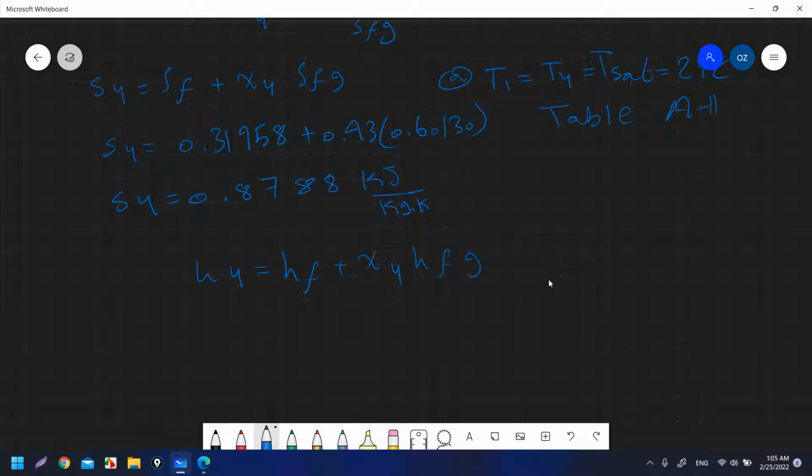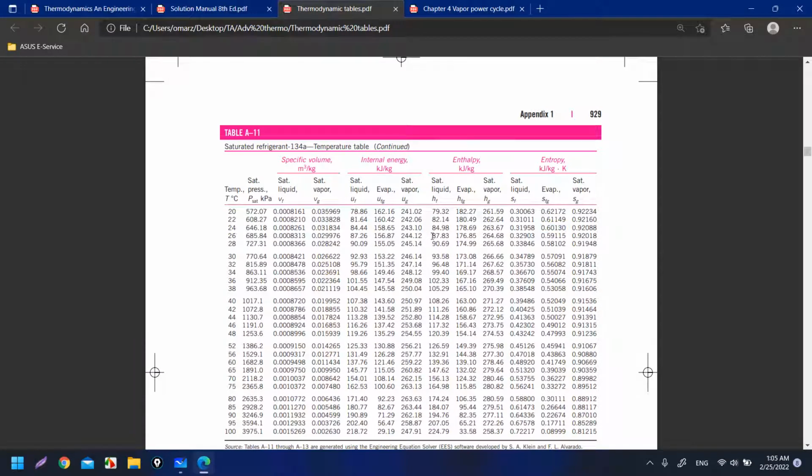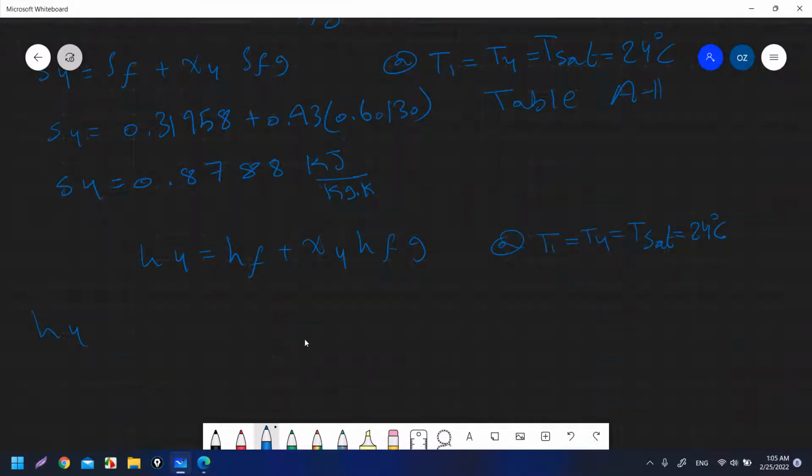Of course, I will find this at T1 equal to T4 equal to T sat equal to 24 degrees Celsius. So I will go to the table at 24 degrees Celsius. I want to find HF and also HFG. HF is 84.98 plus X4, 0.93.